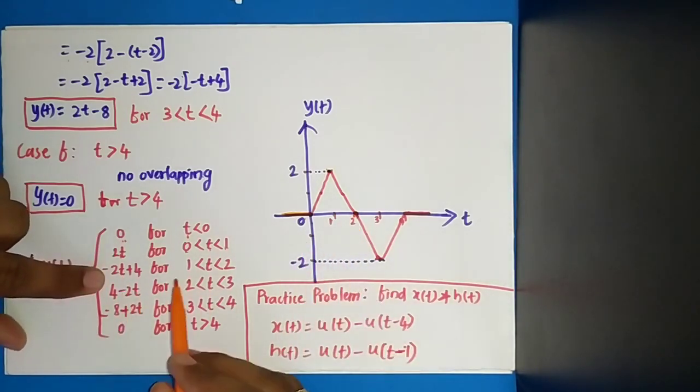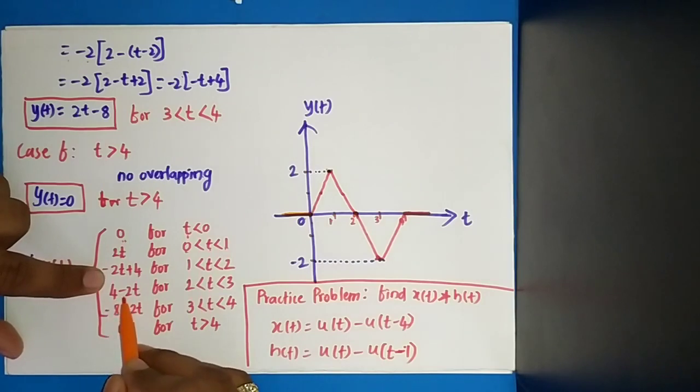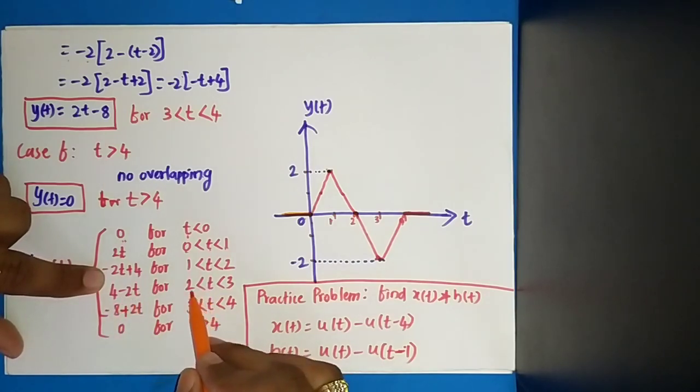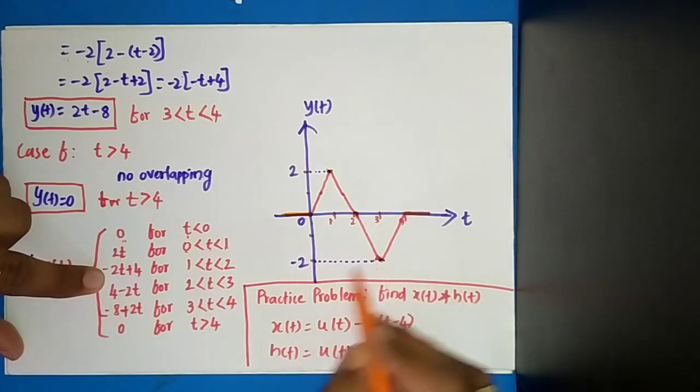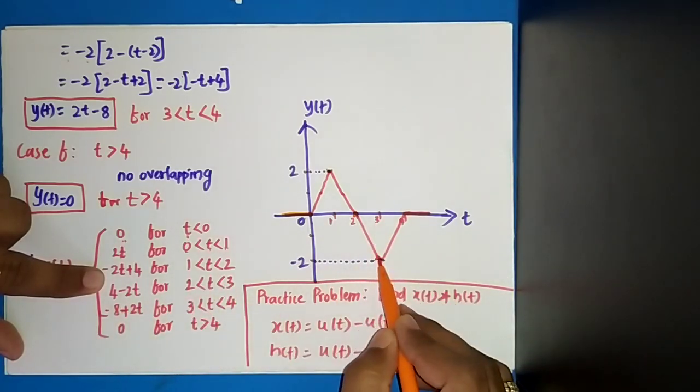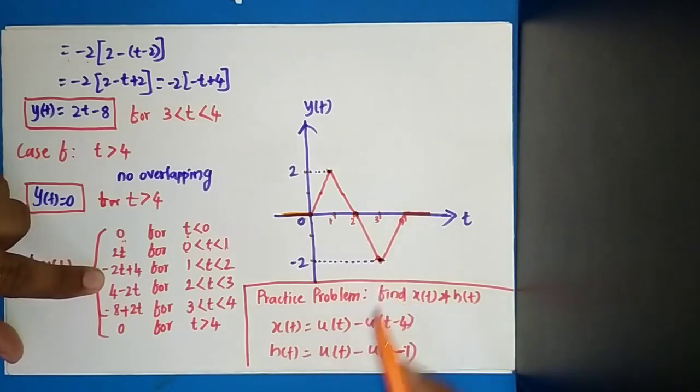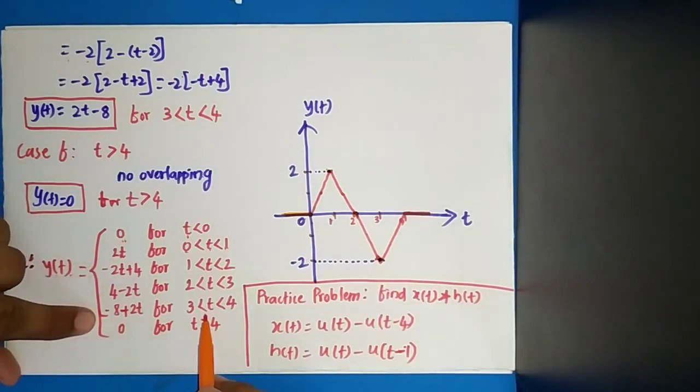Okay, next again it is 4 minus 2t, with t being between 2 and 3. So if I substitute 3 here, what will happen? 4 minus 6, so that is minus 2. So at t equal to 3, it is minus 2. So this will be extended here, and then for t between 3 and 4, it is minus 8 plus 2t.